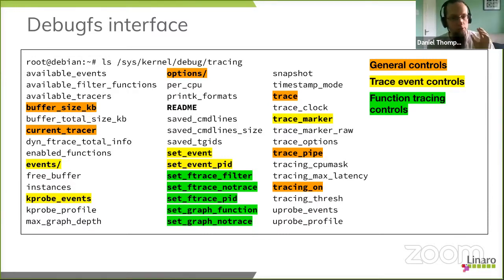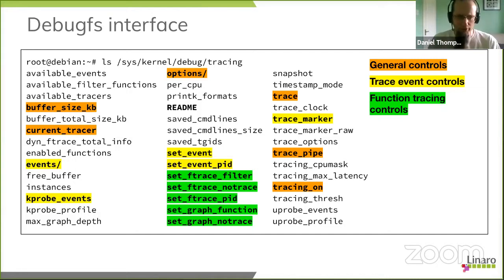Simple Unix command line tools can be used to manipulate a tremendous amount of this trace system. You don't have to have special tools that run on the target to help you. And that's because the whole of the tracing infrastructure appears in debugfs in a directory called tracing.